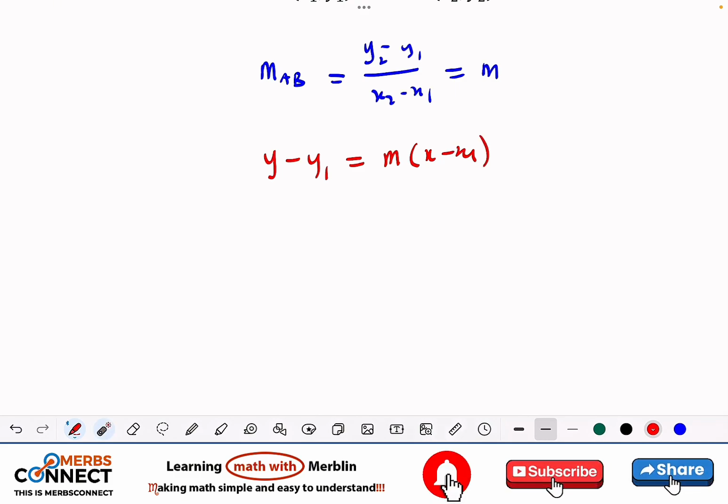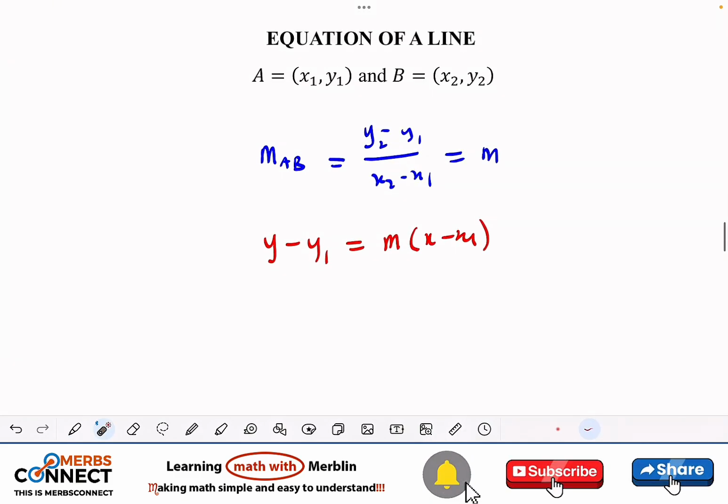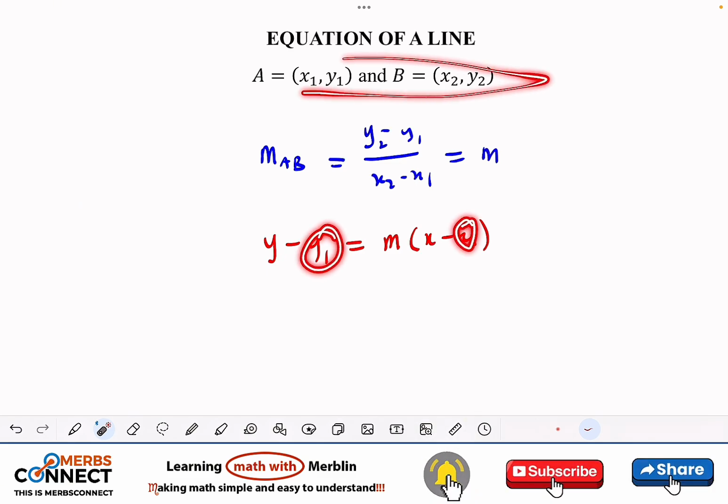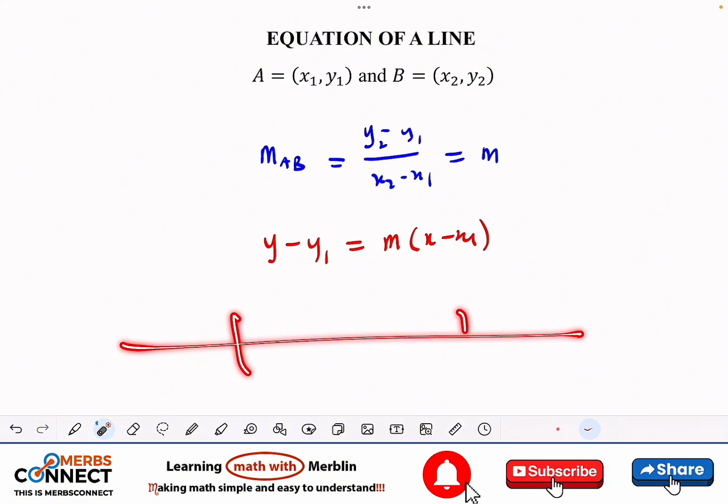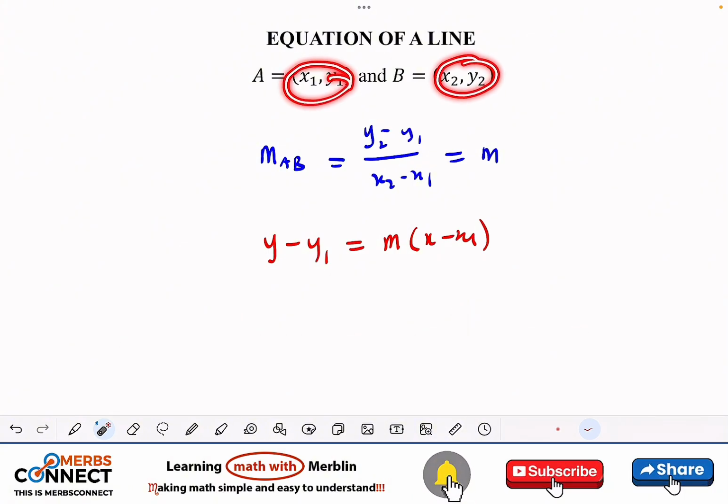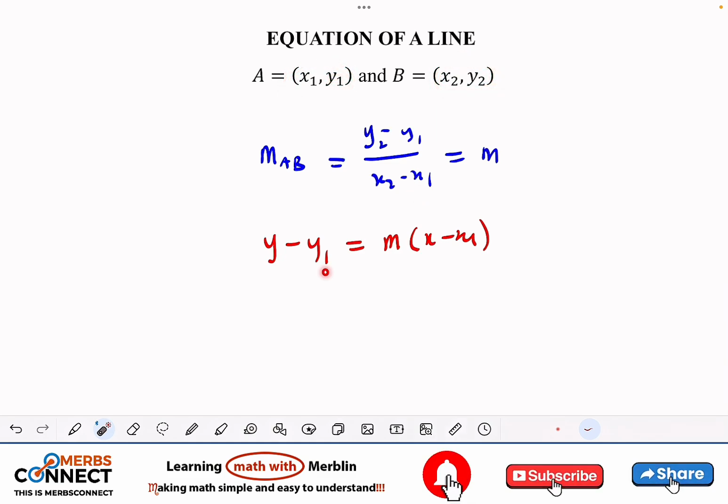Very simple, right? And since we are talking about the equation of the line, your x1 and y1 can be any of the points. After using the points here to find the slope, your y1 and x1 can be any of the points. You can use this, you can use this, any of them.